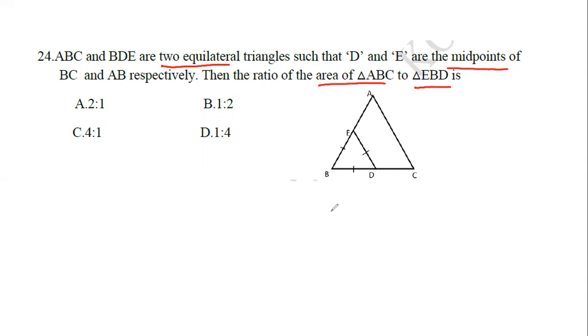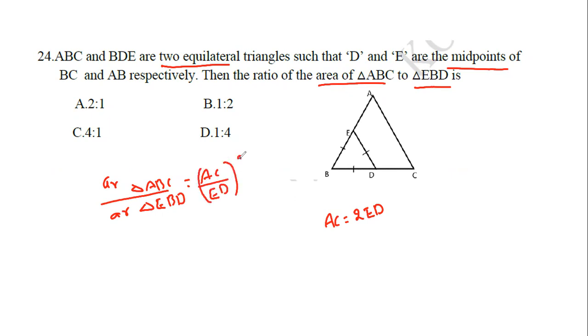According to the midpoint theorem, we know AC is equal to 2 times ED. So the area of triangle ABC divided by the area of triangle EBD is equal to the square of the corresponding sides, AC by ED whole square.